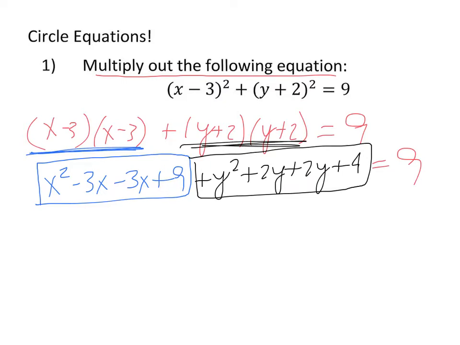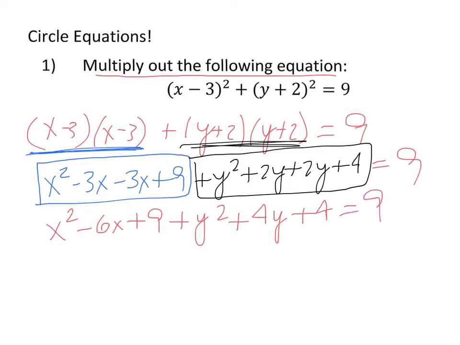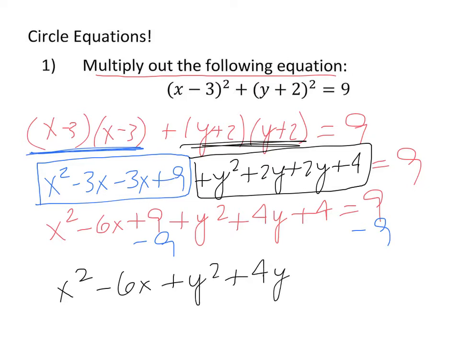Now, going back to combining like terms, I'm going to wind up with x squared minus 6x plus 9 plus y squared plus 4y plus 4 equals 9. And if I was to subtract 9 from both sides, I would wind up with x squared minus 6x plus y squared plus 4y plus 4 equals 0.